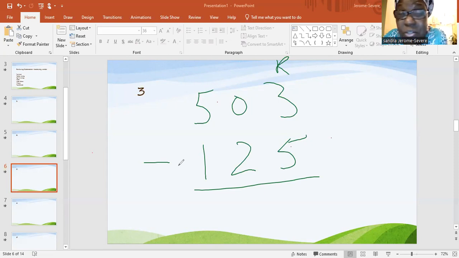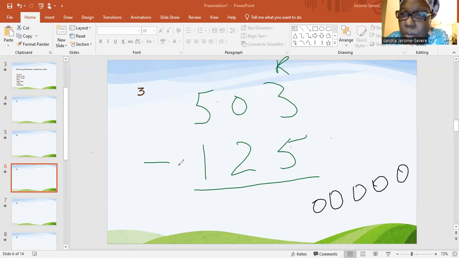So you got to pay attention to this one. This one is tricky. So you go to your next door neighbor, number 5. You say, hey, 5, my neighbor, can I borrow 1? So if you have 5 and you borrow 1, borrow means take away. That's a subtraction word.